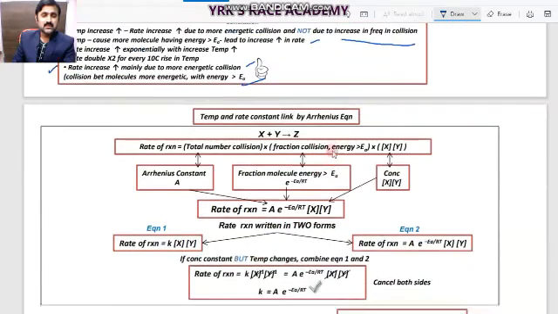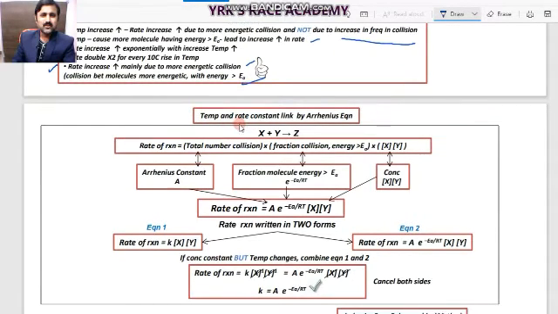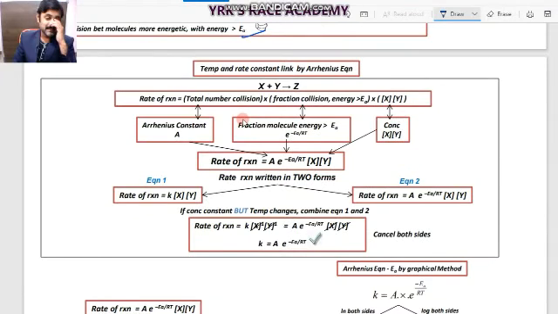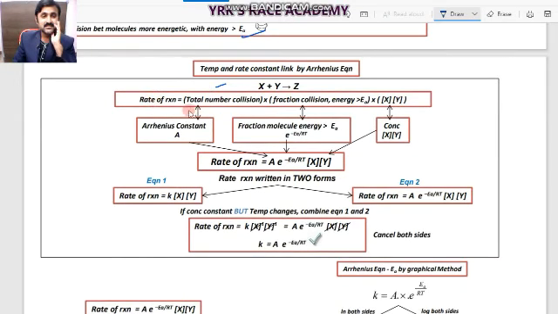Moving on to the next one, the temperature and rate constant are linked by the Arrhenius equation. If you observe, x plus y gives rise to z. In one general equation, the rate equation is the total number of collisions into the fraction of collisions with energy greater than activation energy into concentration of x into concentration of y. Here we are comparing the Arrhenius equation with this one.